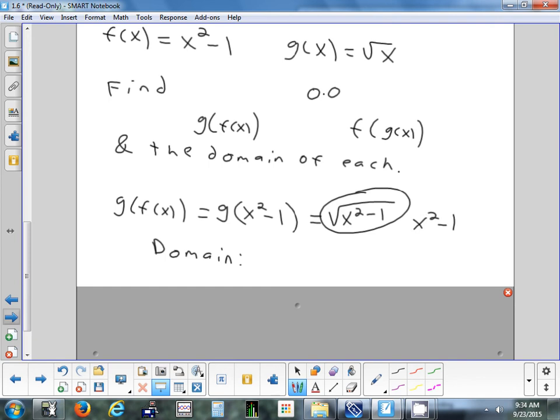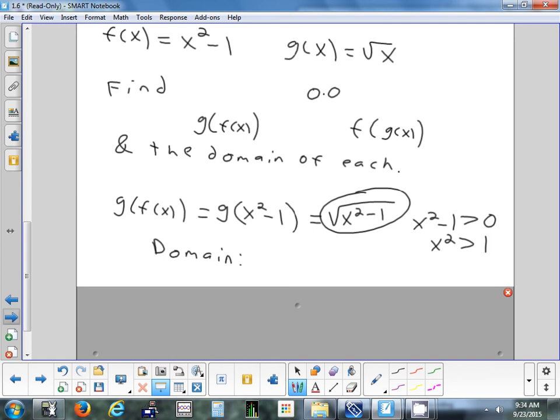It's got to be positive. Okay, so I think of it this way. I want to have what's under this square root positive. If it goes negative, we've got a problem. Okay, so I want x squared minus 1 to be positive. I'm just going to plus 1 on each side. So what kind of numbers can I square, and the answer will come out greater than 1?